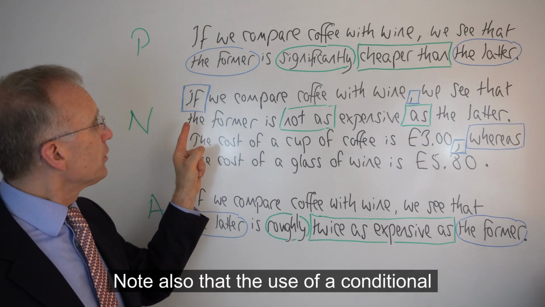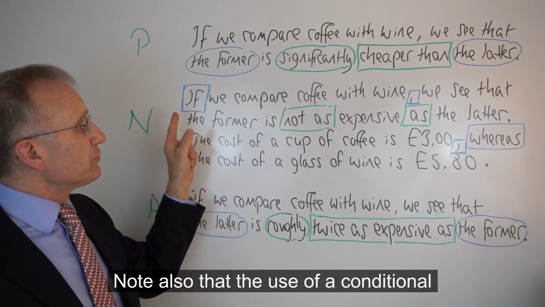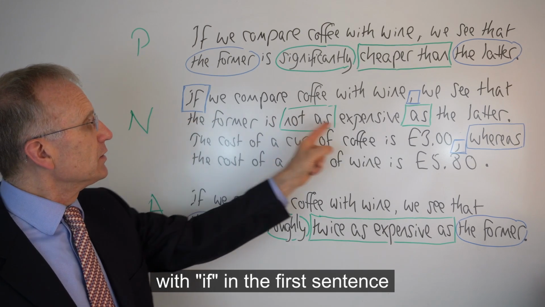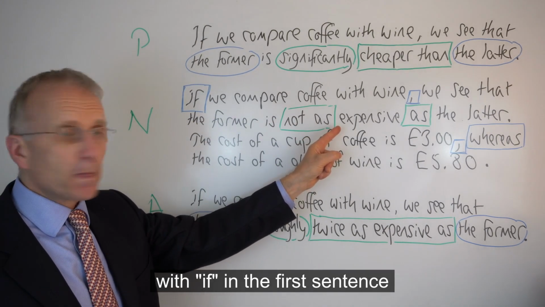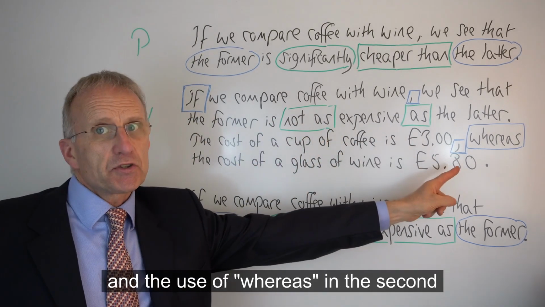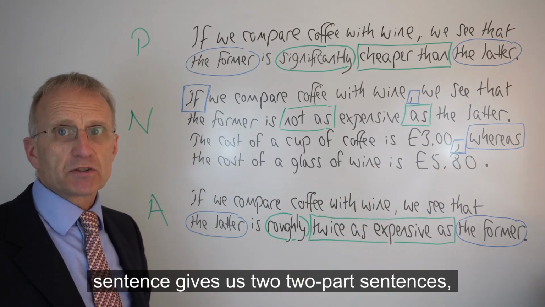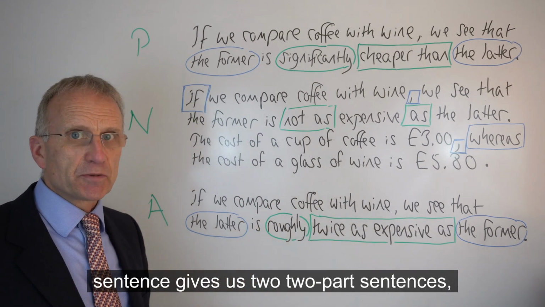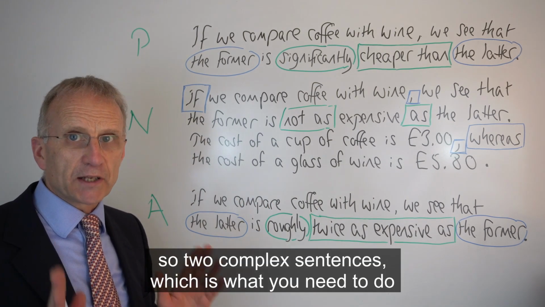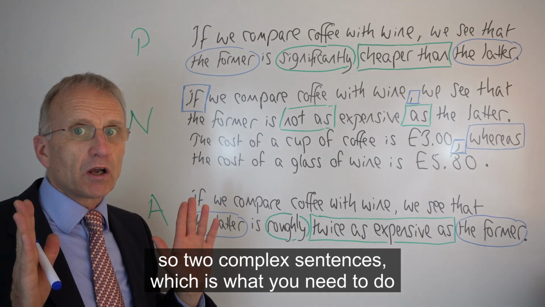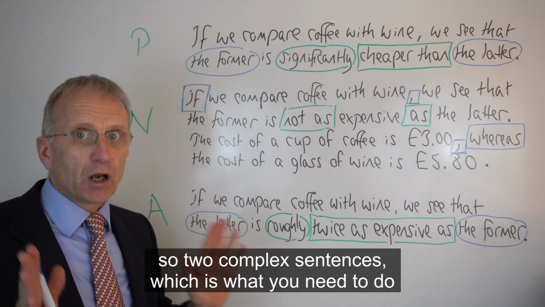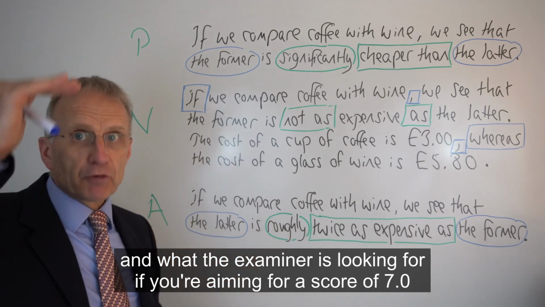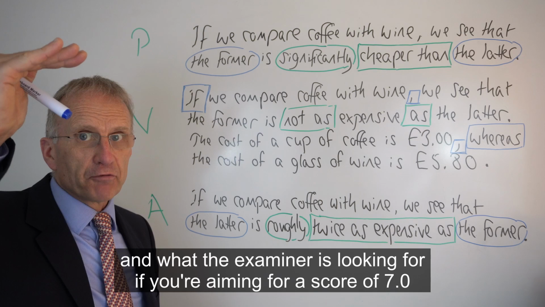Note also that the use of a conditional with if in the first sentence and the use of whereas in the second sentence gives us two-part sentences, so two complex sentences, which is what you need to do and what the examiner is looking for if you're aiming for a score of 7 or higher.